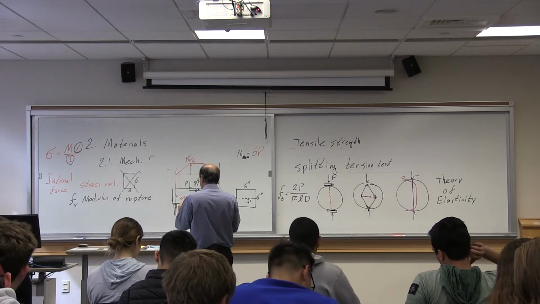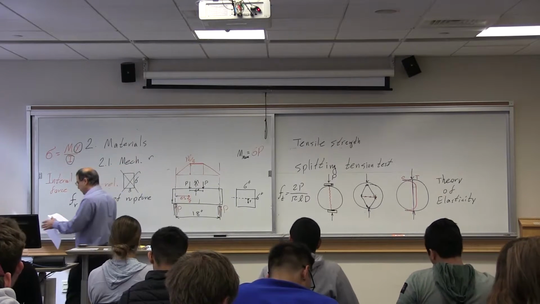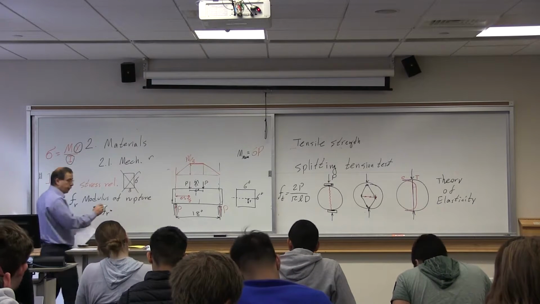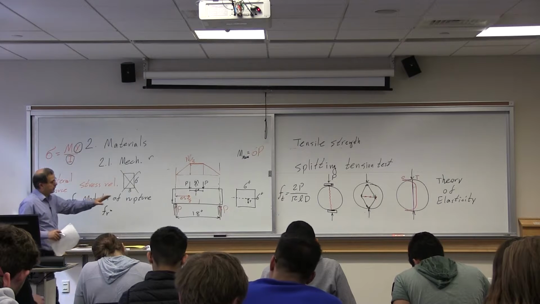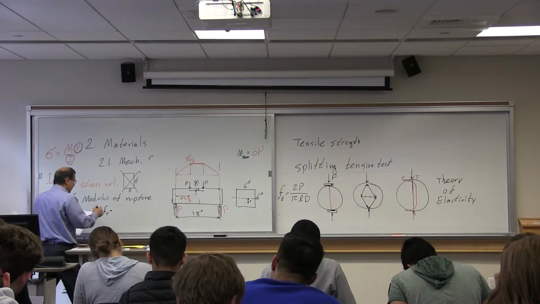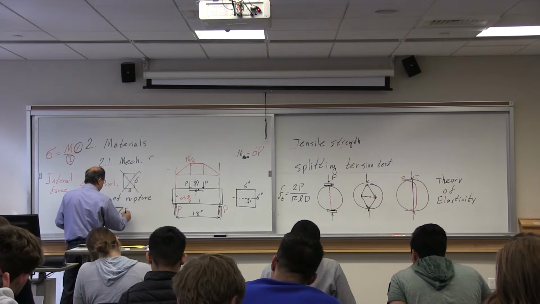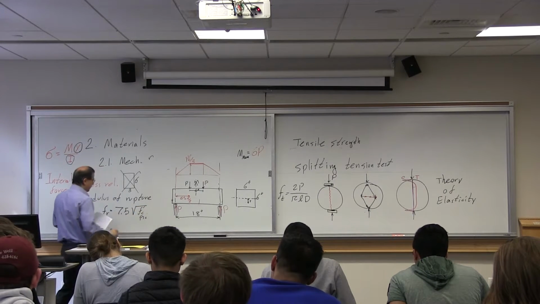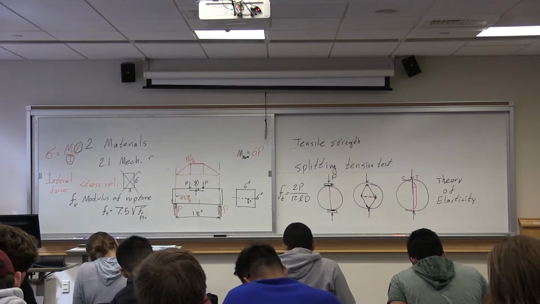If you want to calculate modulus of rupture more accurately and you have not done the test, of course you can do this test and find it. If you have not done the test, the code says you can also use 7.5 root of f prime c.